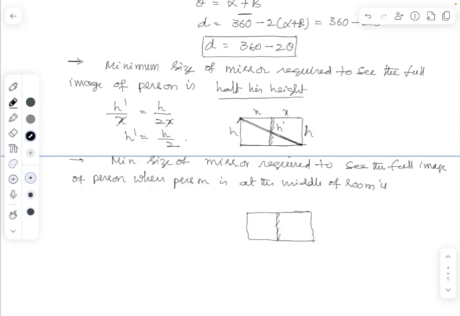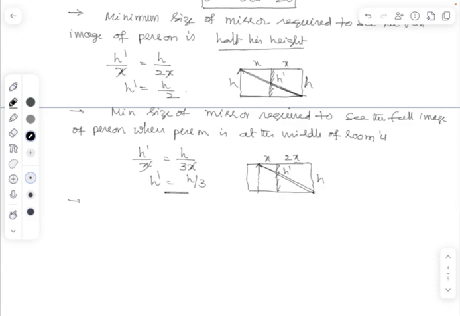This is a mirror, this is a person. This distance is x and this distance is 2x. h dash by x equal to h by 3x. Therefore, height of mirror required equal to h by 3.